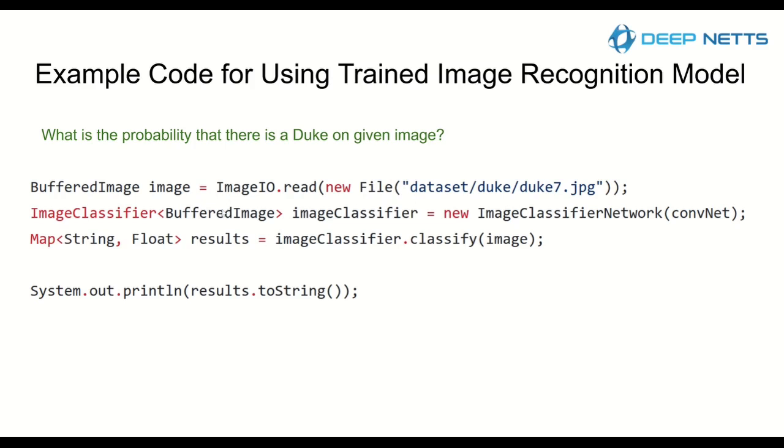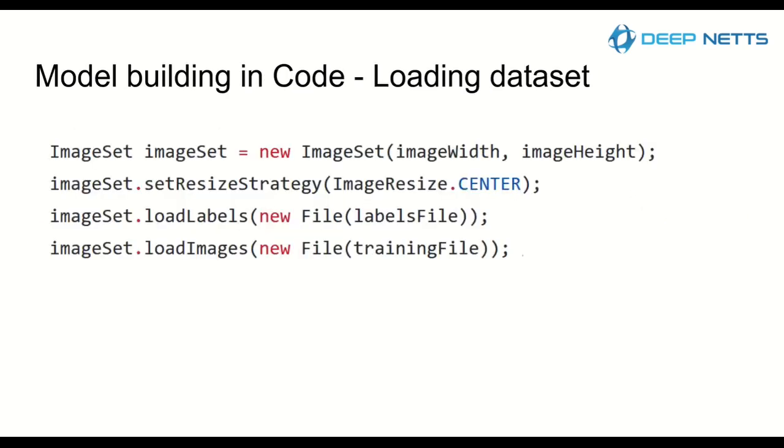We are loading image files into a buffered image from a Java class, and here we are instantiating the image classifier network using the trained convolutional neural network. To classify the image, we just invoke the classify method and provide the image to classify, and we get the results as a map of image labels and corresponding probabilities. After that, we can print it or do whatever we want to do with it.